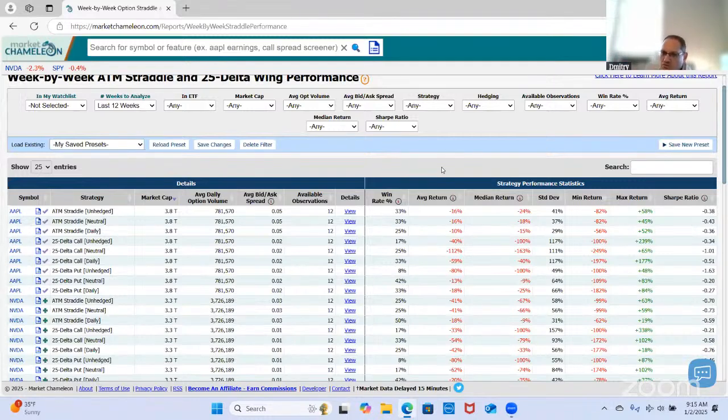Okay, I got a 33% historical success rate with this, but what was the average return? The average return could still be positive, right? Because even if 2/3 of the time it lost on average 10%, the other third of the time when it hits, you're making 400 or 500%.